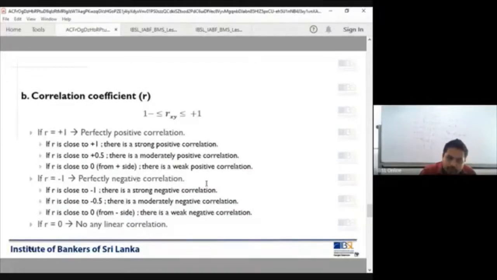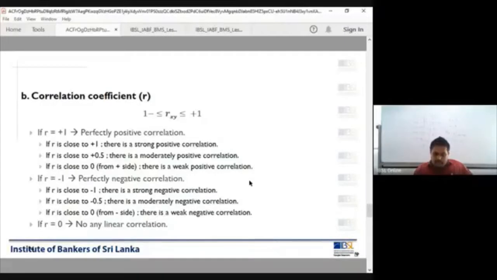If R has negatives, -1 or closer to -1, this is the other class which will imply that the given data set of pairs, okay, x's and y's, will have a negative correlation. So I said that the data could be ranging from +1 to -1, inclusive of both +1 and -1.